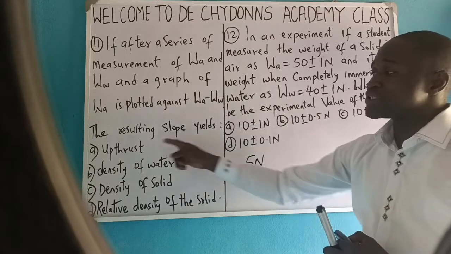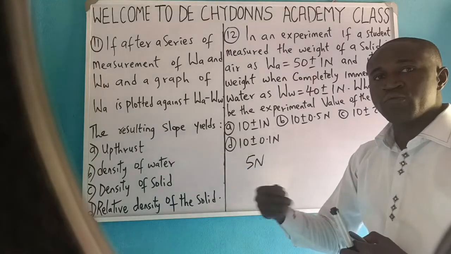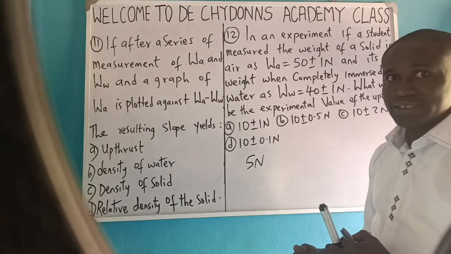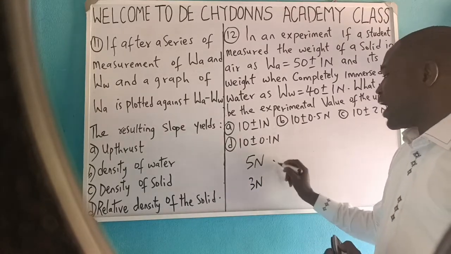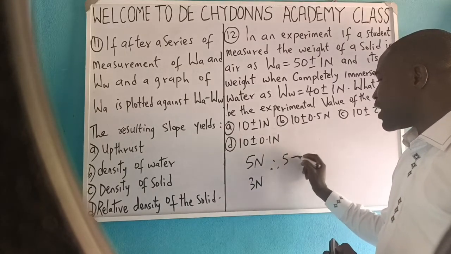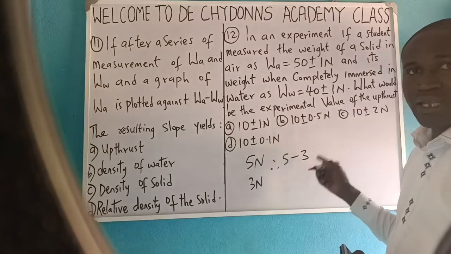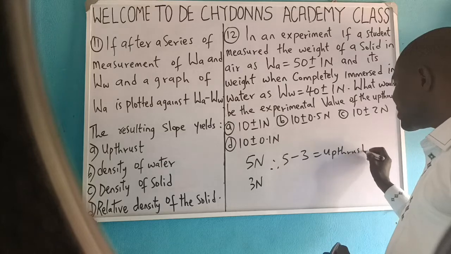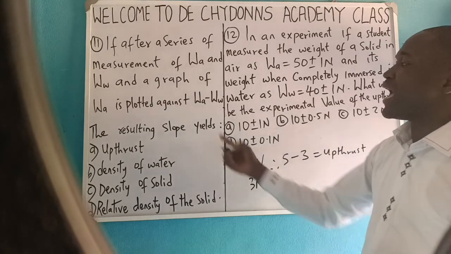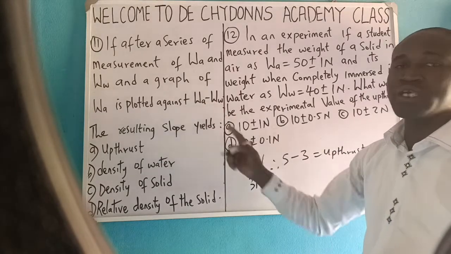Yes, because of the principle of upthrust, loss of weight in the fluids. That means weight in air 5 minus weight in water 3 will be giving you what we call upthrust. If they ask us WA minus WW is called what?